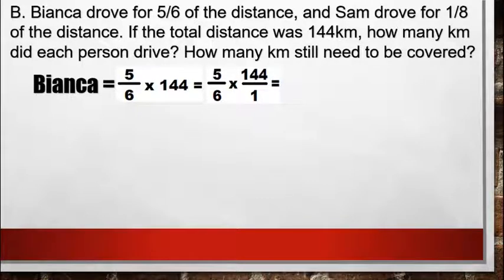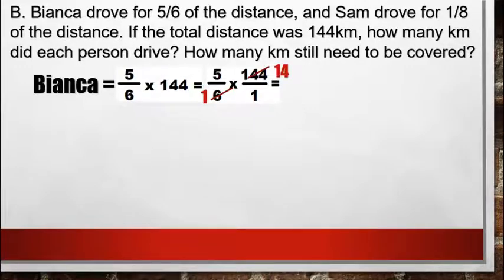So we all know that 6 and 144 are divisible by each other, that is 6. So 6 divided by 6, that is 1. 144 divided by 6, that would be 24.